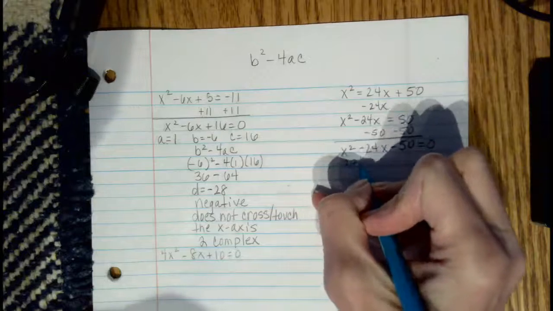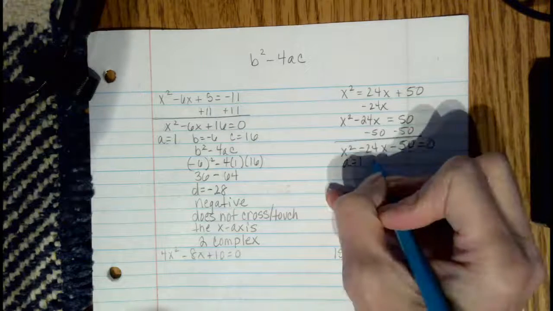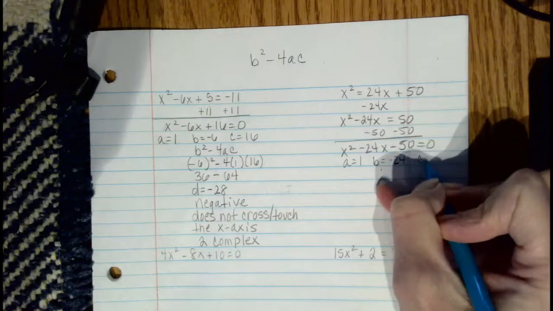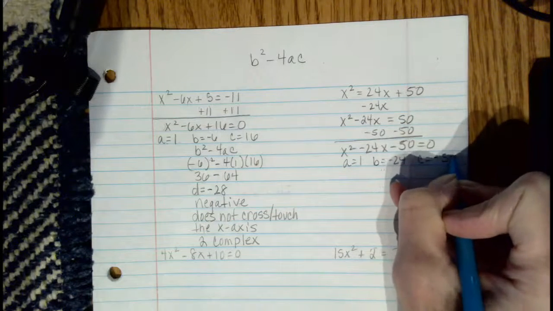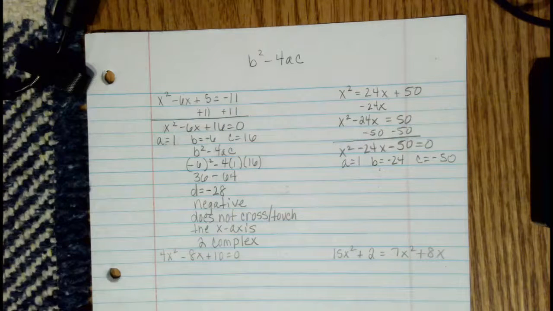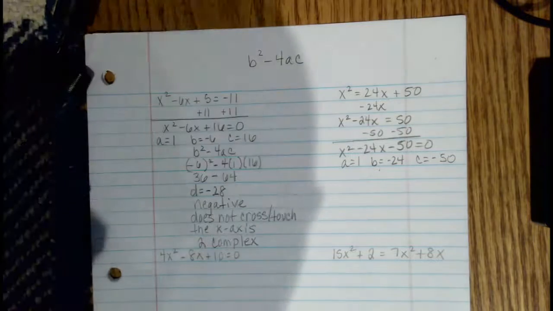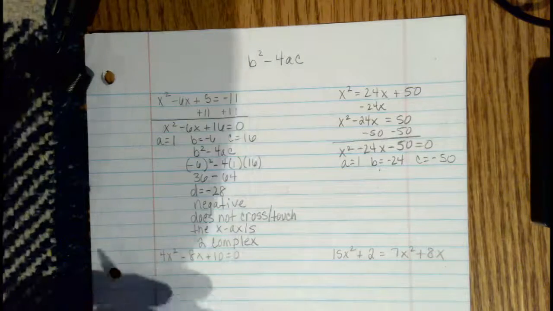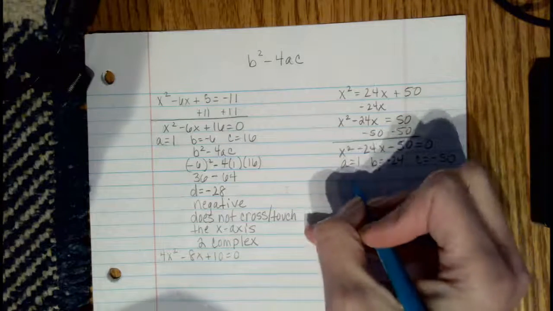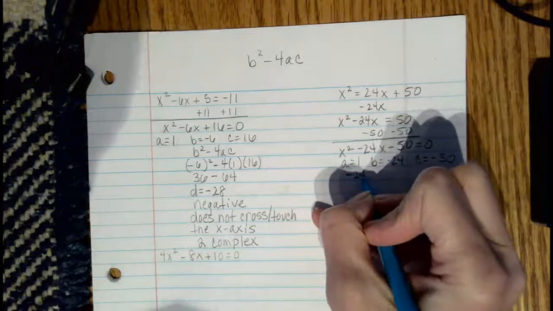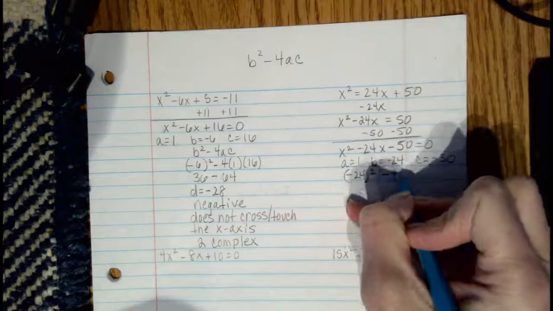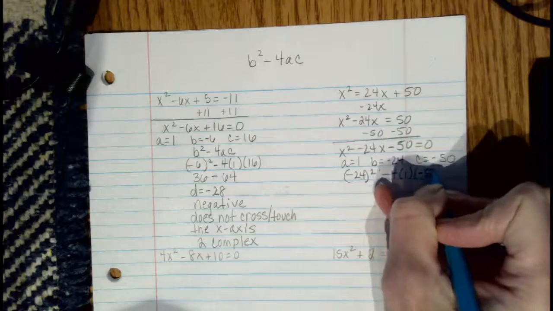Remember, a is 1, the number in front of the x squared. b is negative 24. And c is negative 50. If you moved everything over to the right side, each sign would be different. You'd have a is negative 1, b is positive 24, c is positive 50. Again, it won't make any difference. b squared, negative 24 squared, minus 4 times a times c.